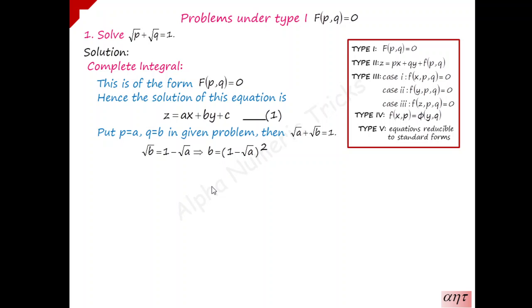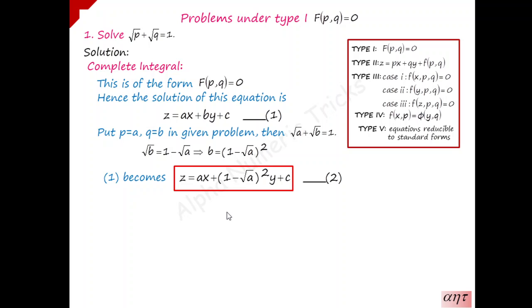This is substituted in the assumed solution 1. So equation 1 becomes z is equal to ax plus, b replaced by 1 minus root a the whole square, into y plus c. Now look at the equation. It contains only 2 arbitrary constants and 2 independent variables. So this is the required complete integral.